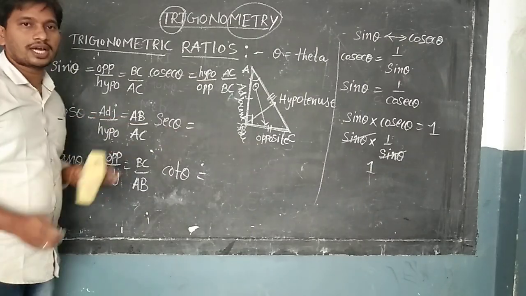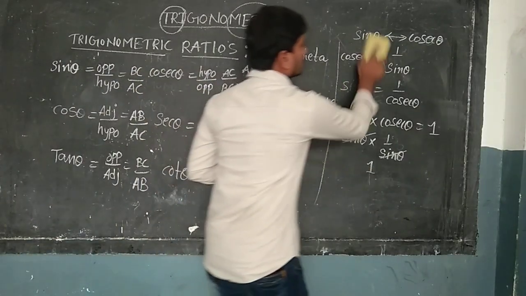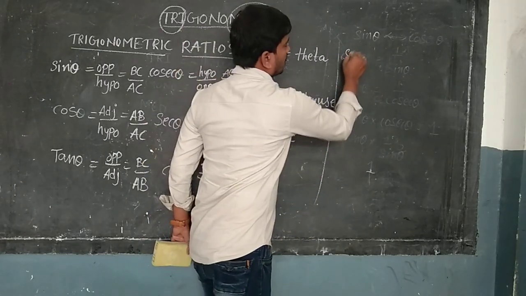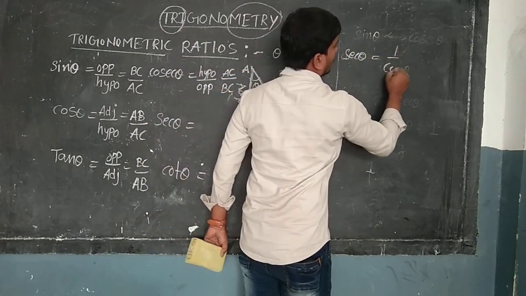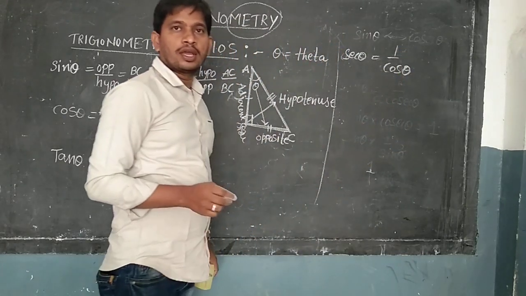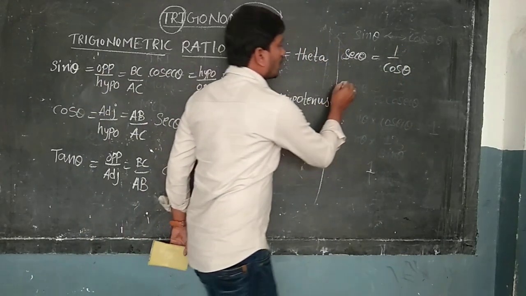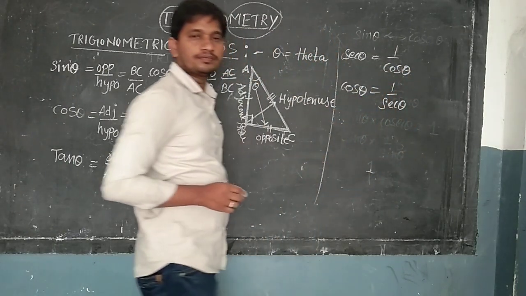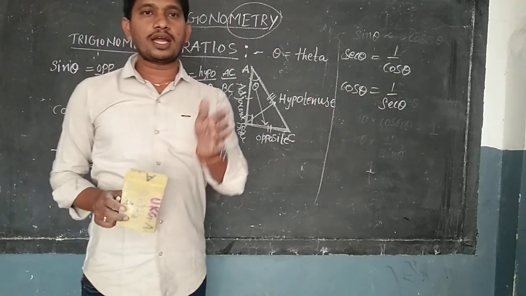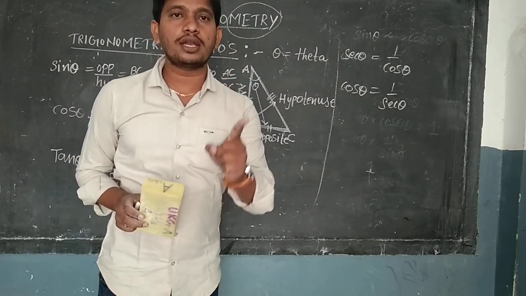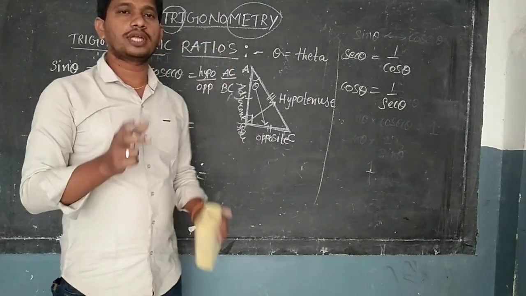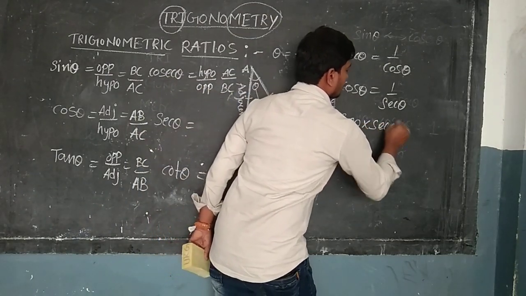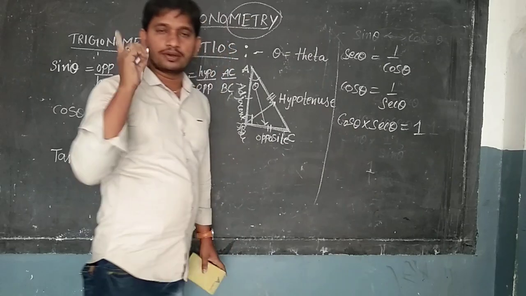Now coming to sec theta. Sec theta is the reciprocal of cos theta, and cos theta is the reciprocal of sec theta. Students, sec theta and cos theta, they both are reciprocal to each other, so I can write cos theta into sec theta equal to 1.